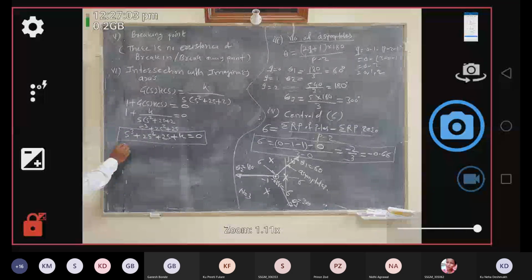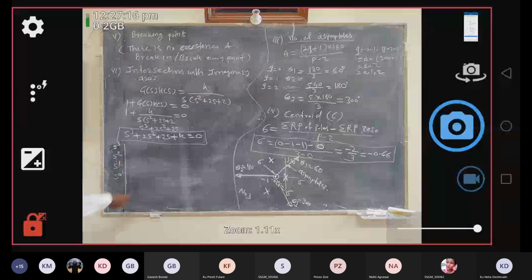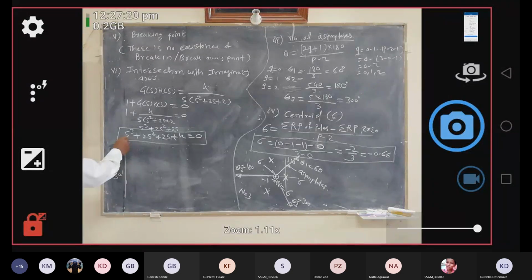So use the Routh-Hurwitz criterion here. S cube, S square, S raised to 1 and S raised to 0. So prepare the Routh array. The S cube coefficient is 1, after that 1 के बाद में 2.